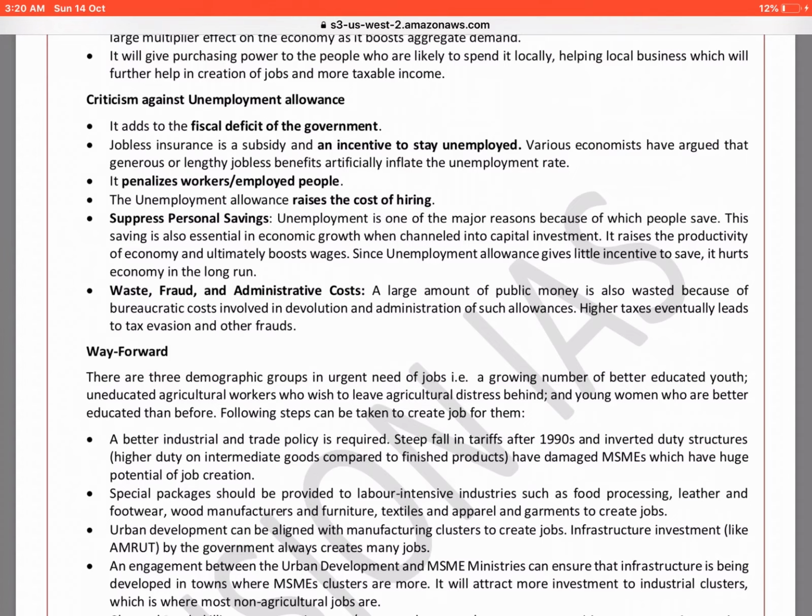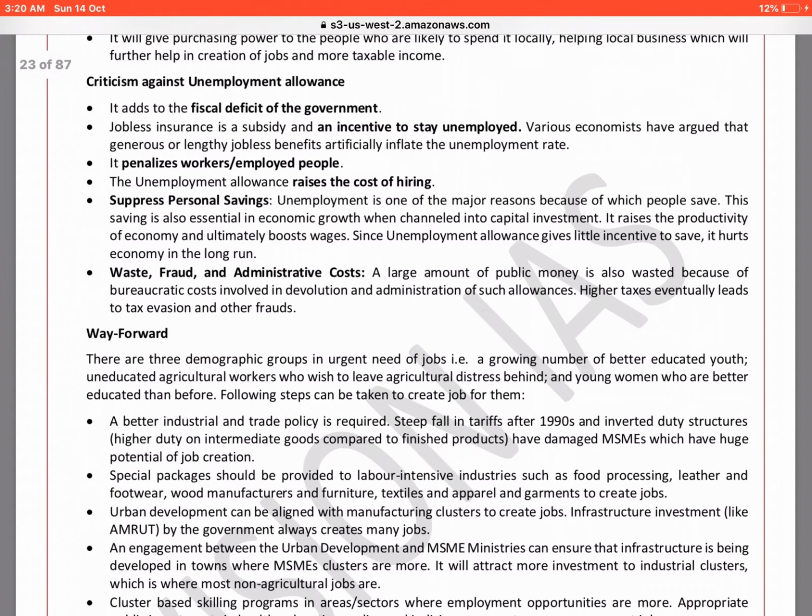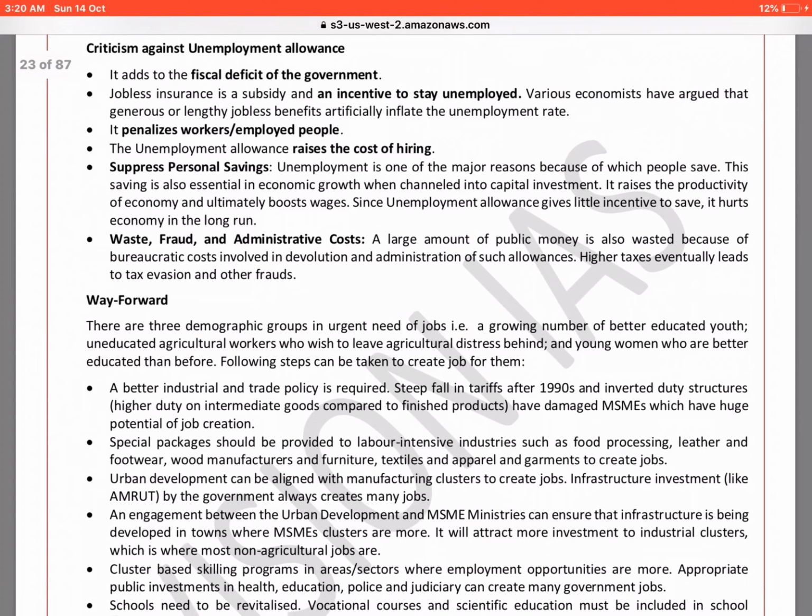Jobless insurance is a subsidy and an incentive to stay unemployed. If you get a good amount, let's say 5000 or 6000, the person will not have a need to work. Then it penalizes the workers and employed people.